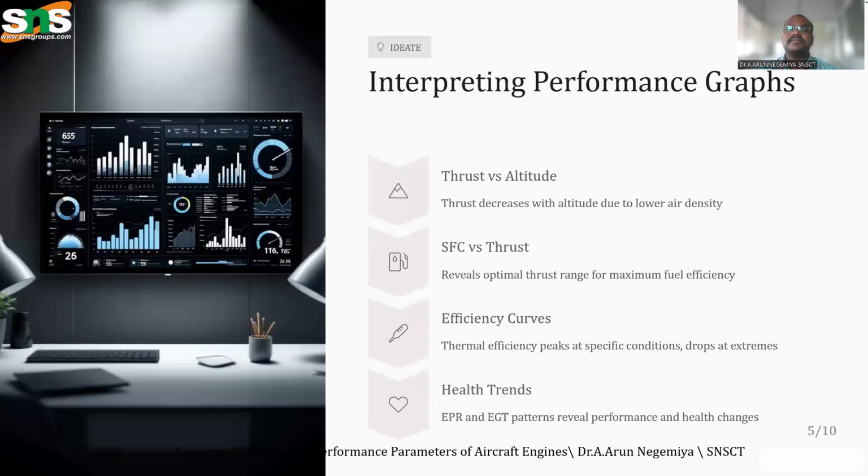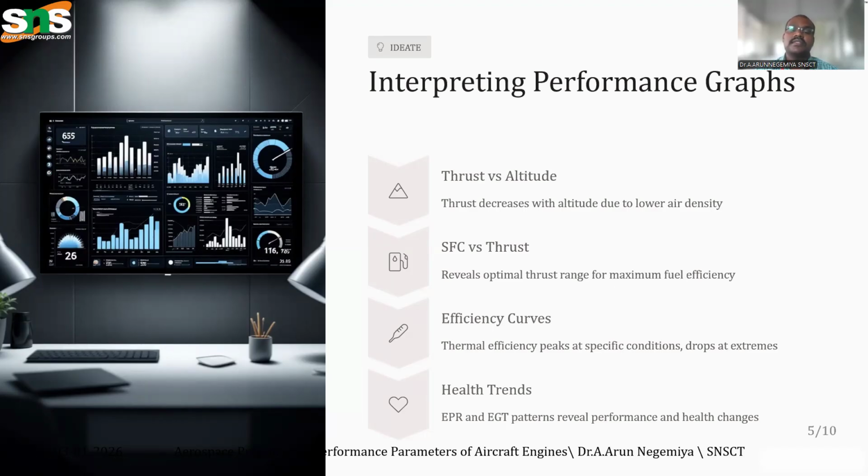Next one is interpreting performance graphs. Here the graphs can be drawn with the help of, first, thrust versus altitude. The thrust decreases with altitude due to the lower air density. Next one is the specific fuel consumption with thrust, and next one is the efficiency curve.